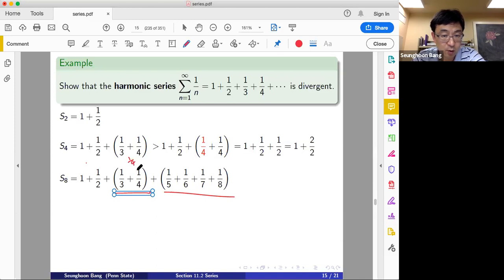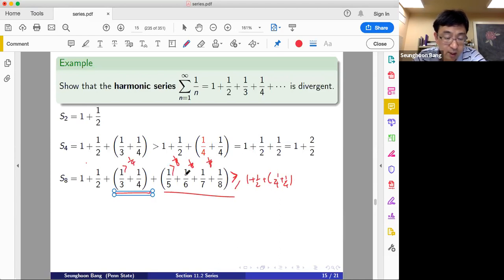So we have this inequality: 1 plus 1 over 2 plus, replacing 1/3 by 1 over 4, since 1/3 is greater, 1 over 4 plus 1 over 4. The remaining terms we only compare with 1 over 8, 1 over 8, 1 over 8.